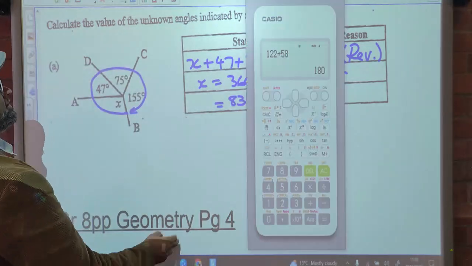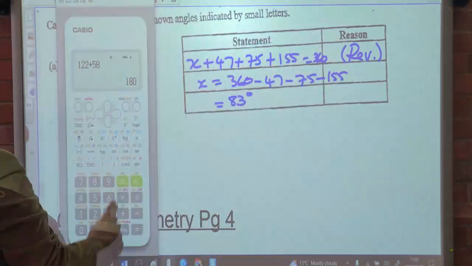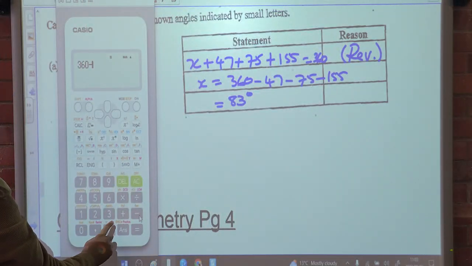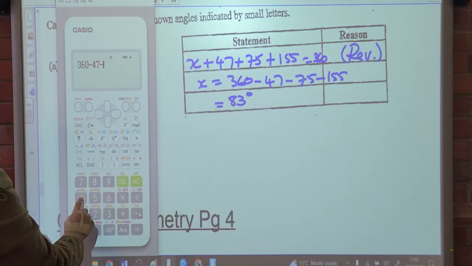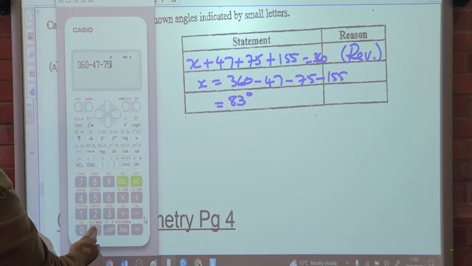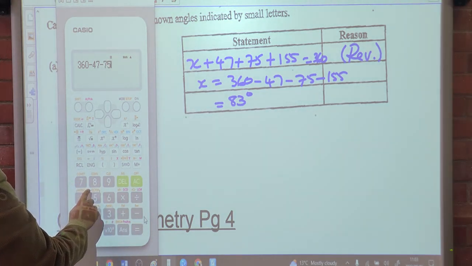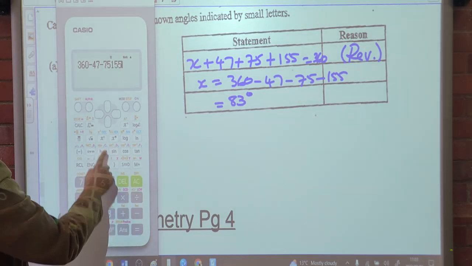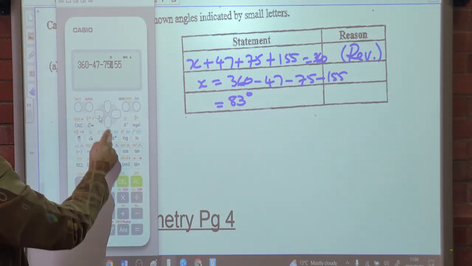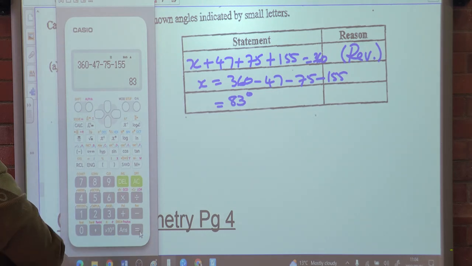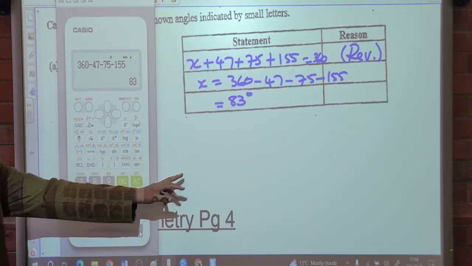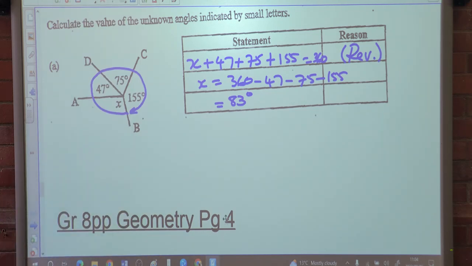Okay, let's check. 360 minus 47 minus 75 minus 155. Okay, people, you guys are making a lot of noise. We'll give you, 83 is absolutely correct. Let's carry on.